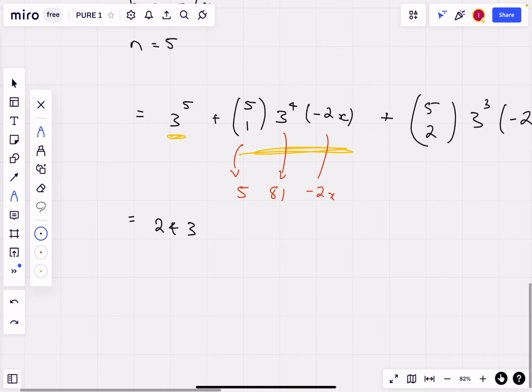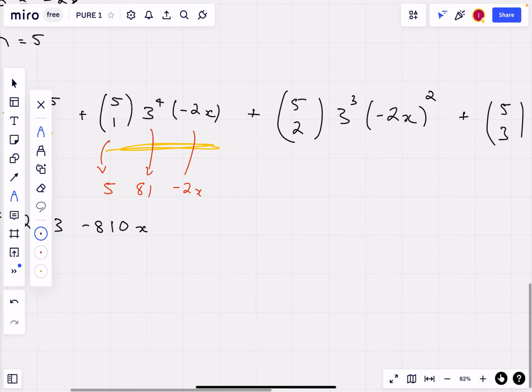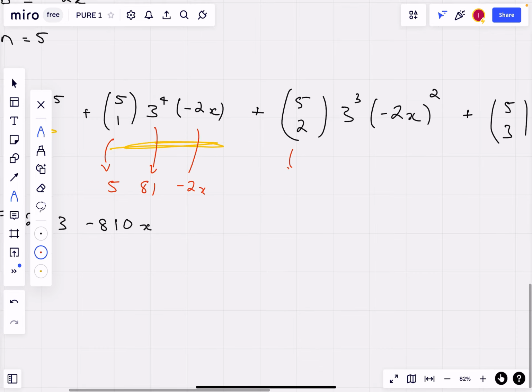Let me switch back to black. Minus 810x. Does that make sense? So do each one separately and then combine, times them all together. So the next one, we're going to do 5c2, which is 10. 3 to the power of 3, 27.